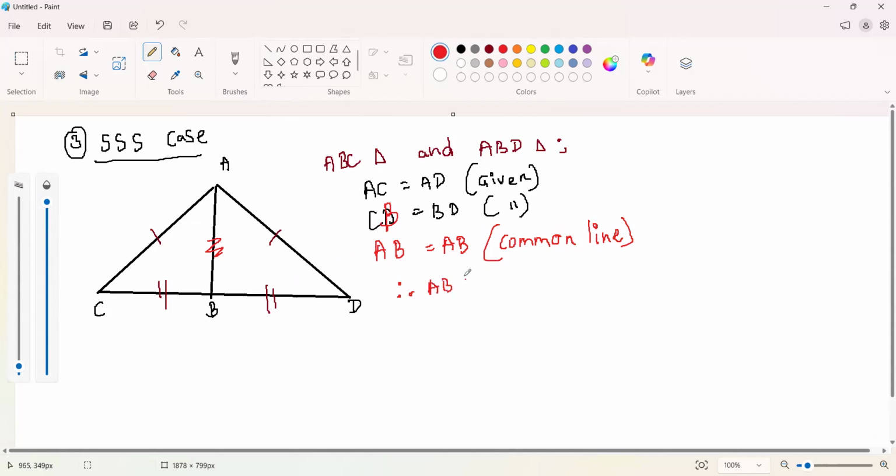ABC triangle is congruent to ABD triangle. What is the reason? Three sides equal to each other, three sides. Side, side, side case. Three sides equal to each other. Can you write? Yes. Please write down the third case.